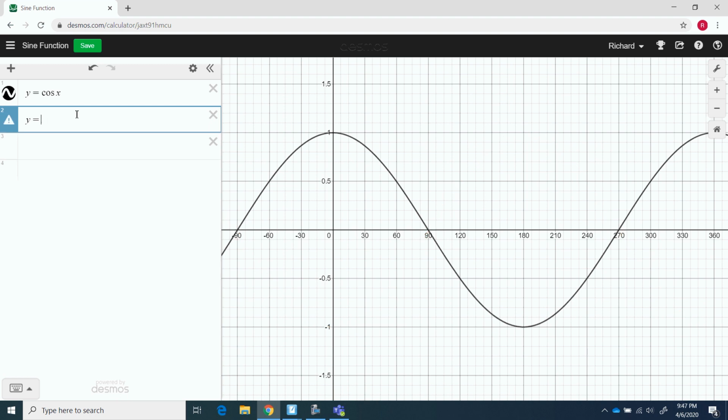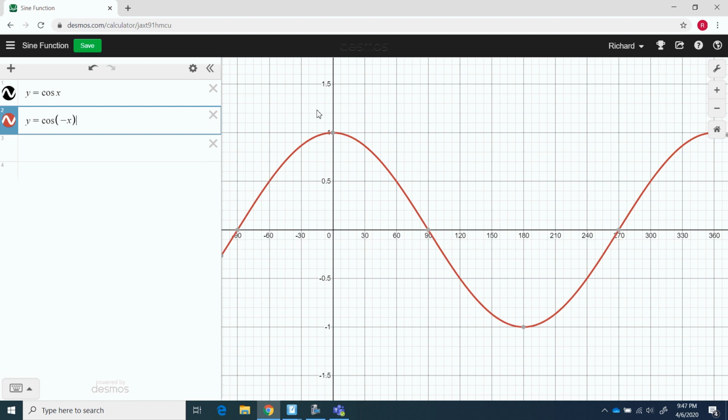We'll look at the other one, which again, I said you don't use a whole lot, but we'll just look at it. So if I took this graph, cosine of negative x, and I graphed it, you may say, well, nothing happened. And that's true, nothing happened, because if you look at your graph at 60 degrees, it was here, but if I reflect that across here, it's going to end up there, but there's already a point there anyway.